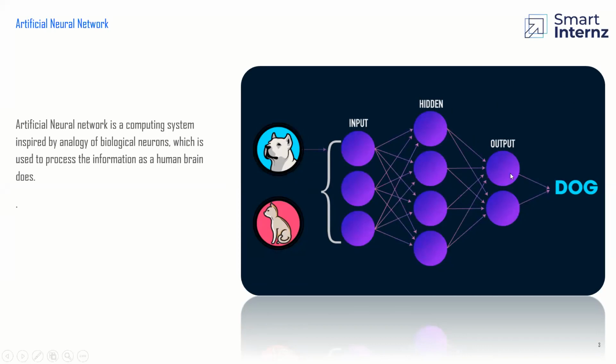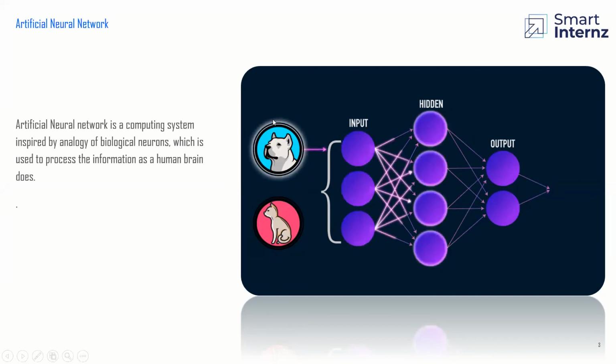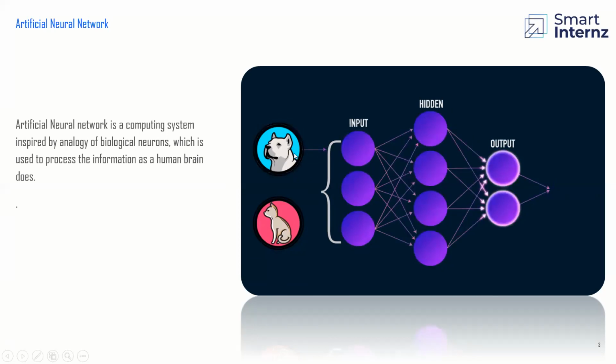Here we are giving the input as dog, and after it goes through the neural network layer, we get the output as dog. So a neural network consists of three different layers: input layer, hidden layer, and output layer.